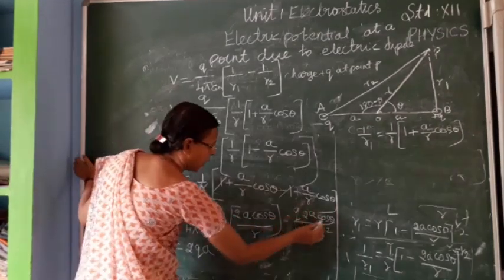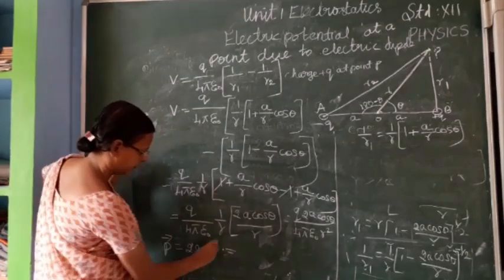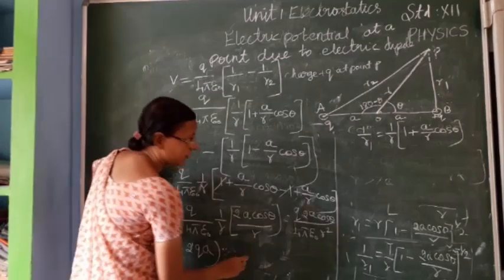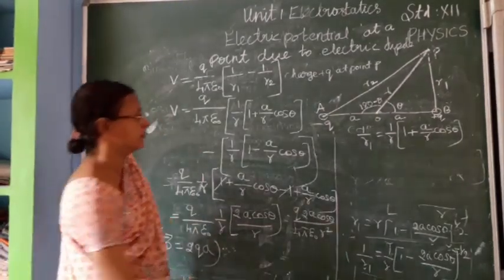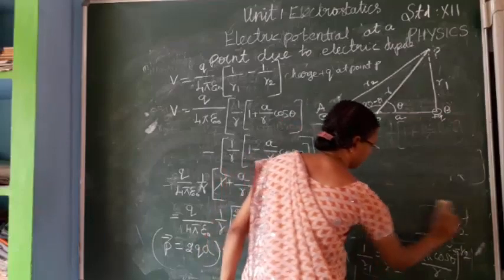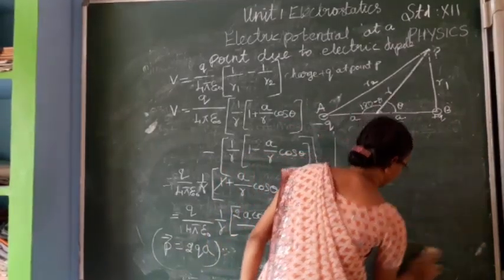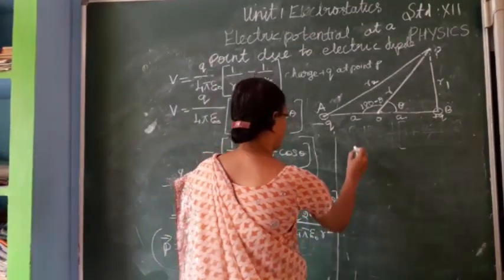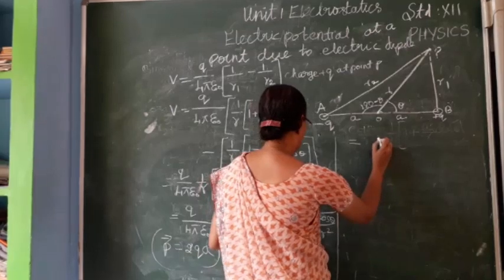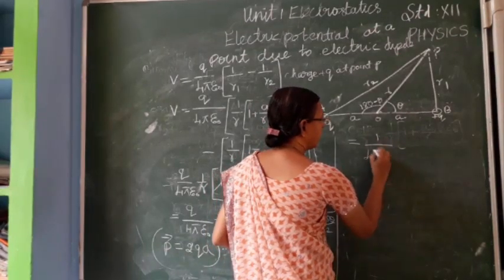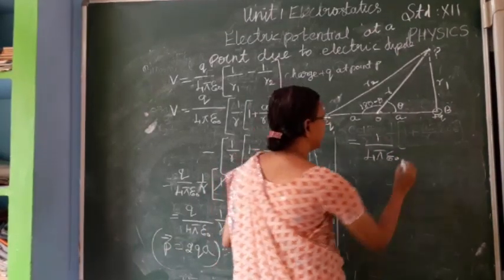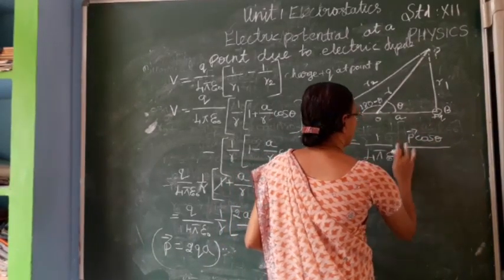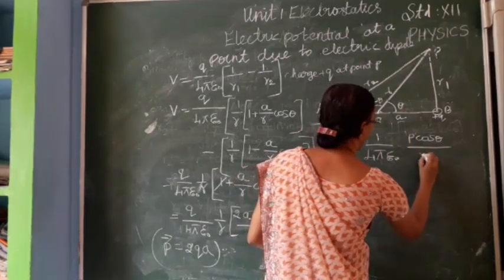So instead of this we can write the total potential as 1 by 4 pi epsilon 0 into P cos theta divided by r square.